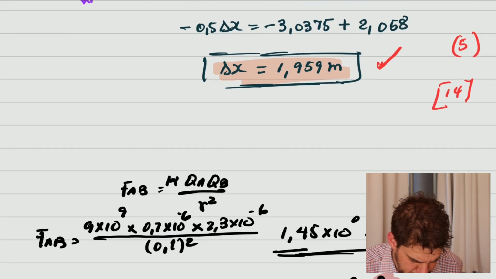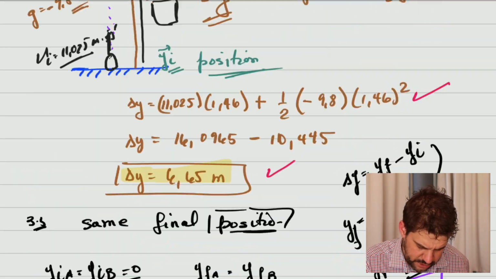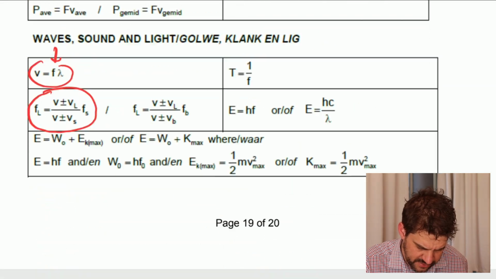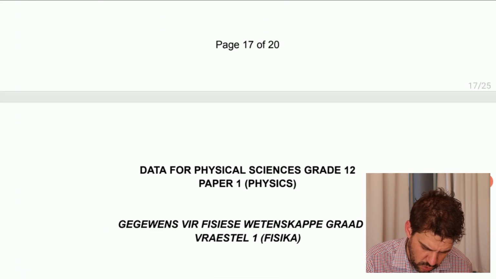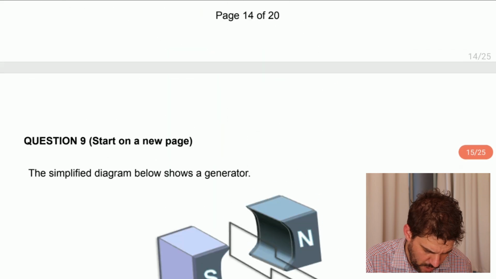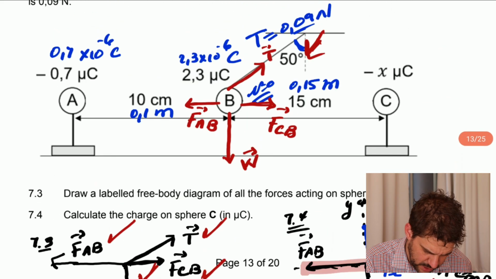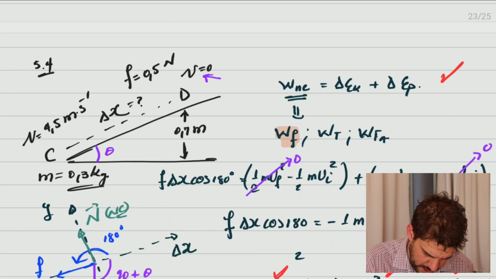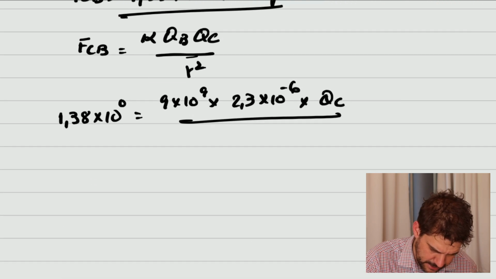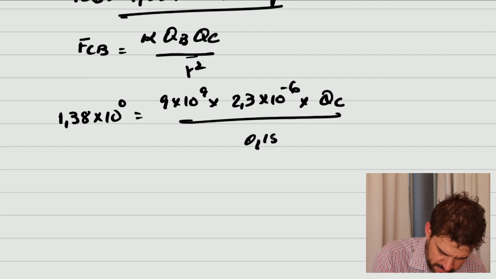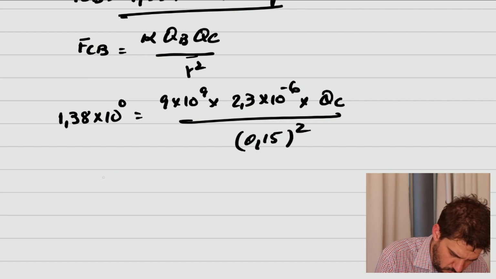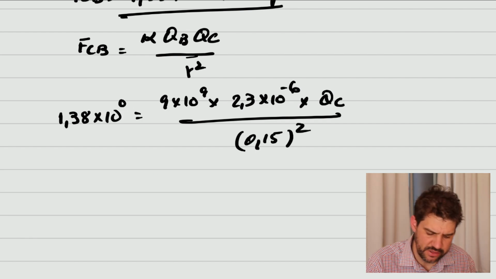I'm not quite sure, but I think it was 15 centimeter. In other words, 0,15. Let me just make sure, guys. 15 centimeters, 0,15. So here we are, 0,15 squared. From here, you may calculate now the charge C.